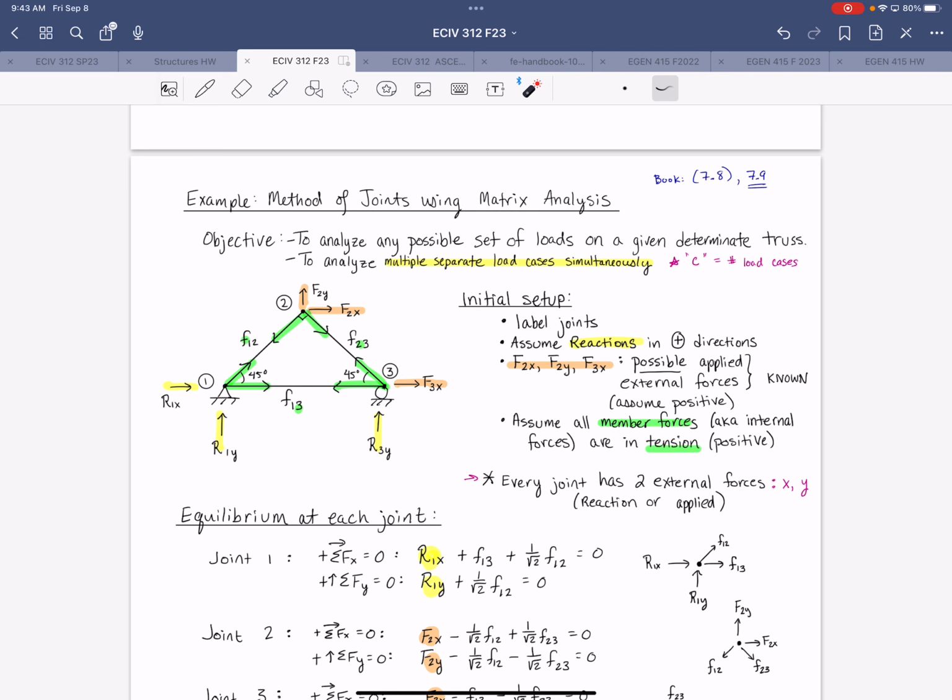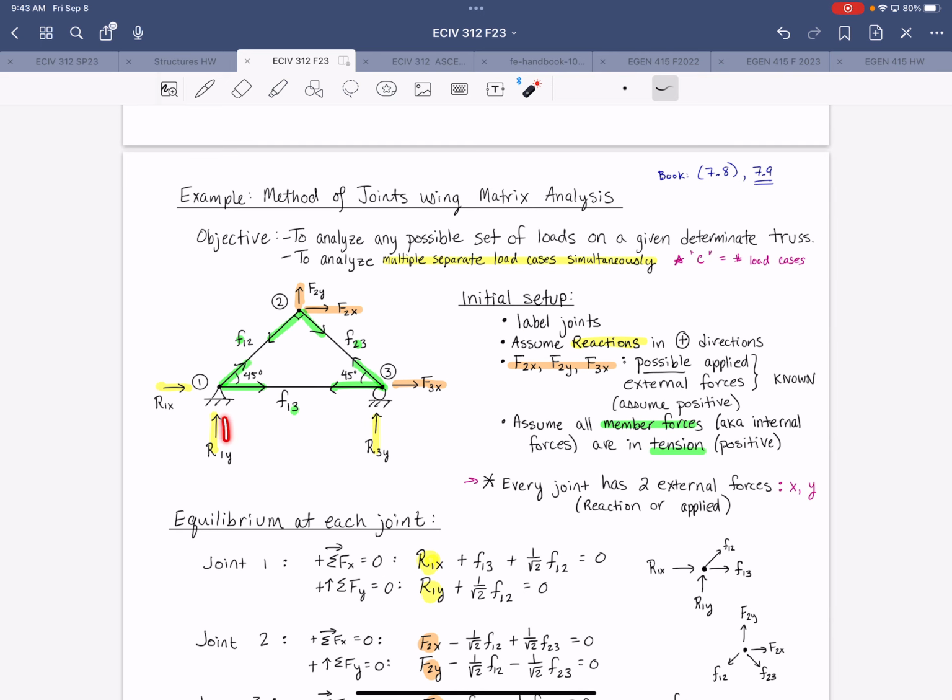I understand your question. So why wouldn't we put external forces here and here potentially? Technically, yeah, a force could be applied there, but it's not going to affect the truss at all, because it's just going to go straight into the support. But wouldn't it affect the reaction? It would affect the reaction, yeah, but when we go through analyses like this, that's not something that we worry about.